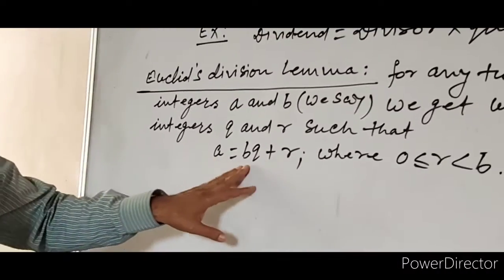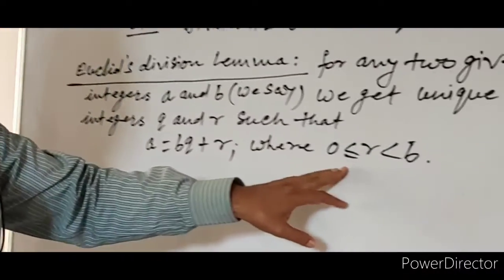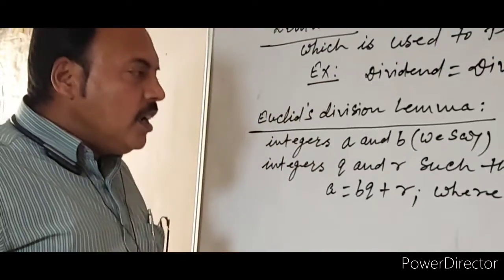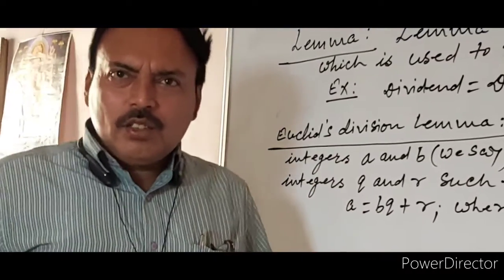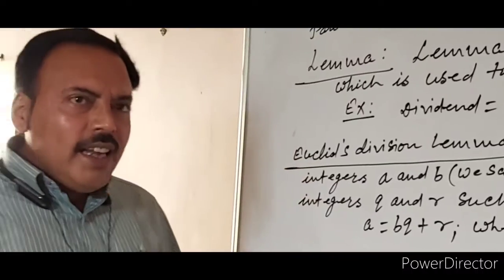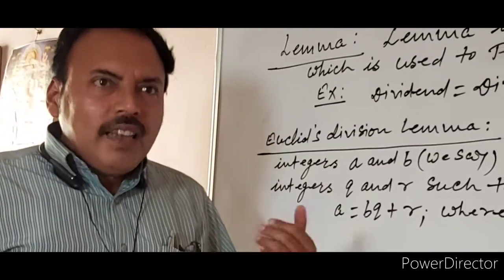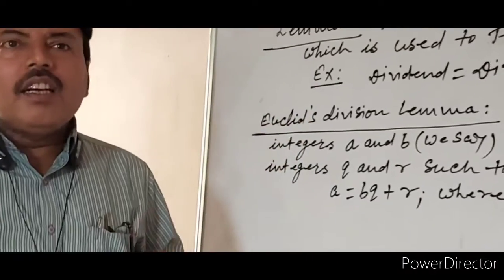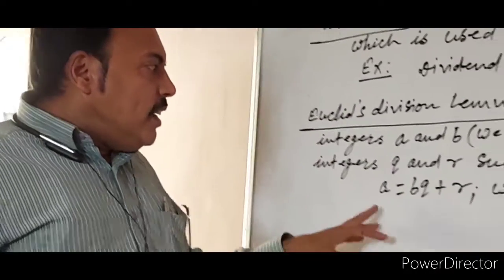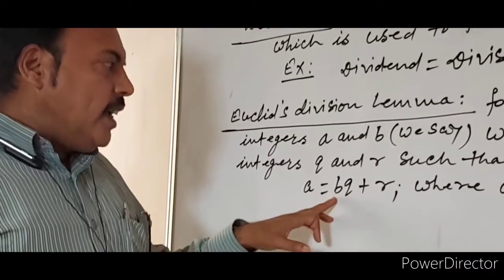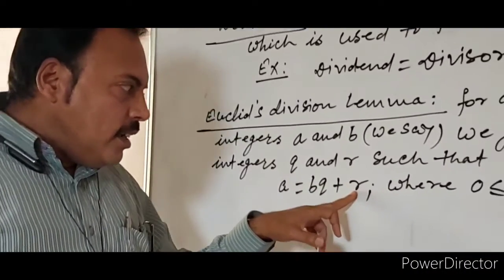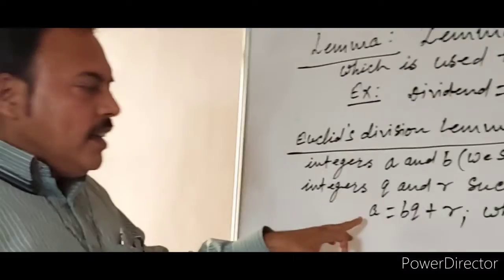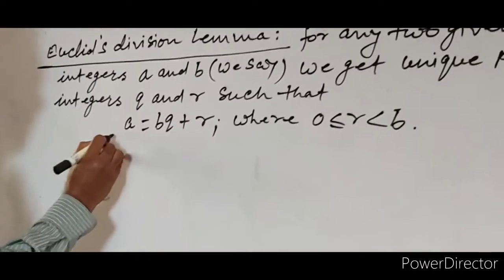A equal to BQ plus R, where 0 is less than or equal to R and R is less than B. So, if we have any two integers, and we divide the greater integer by the smaller integer, then we get two other integers Q and R, such that A equal to BQ plus R. A is the product of B and Q, and when we add R, then we get the integer equal to A.